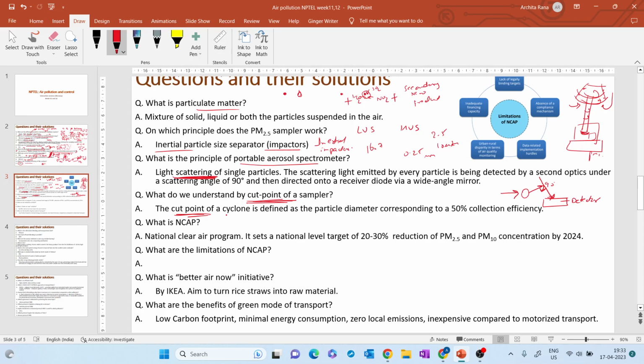What is important to understand here is that generally the agencies or organizations try to make sure that they have a program for different types of species. They have a program for ozone, a program for gases, a program for PM 2.5, PM 10.